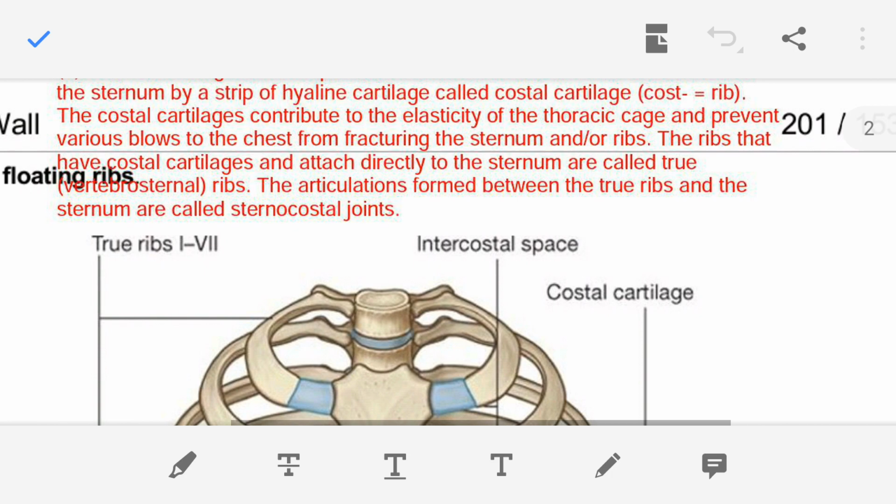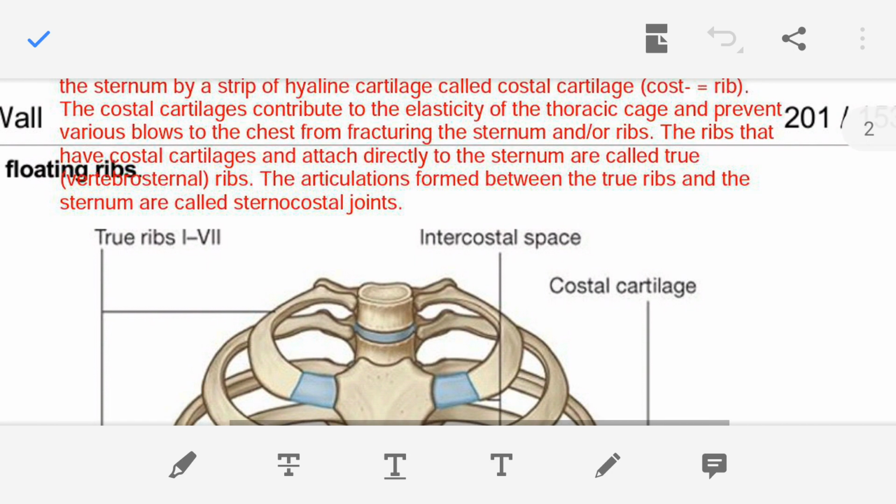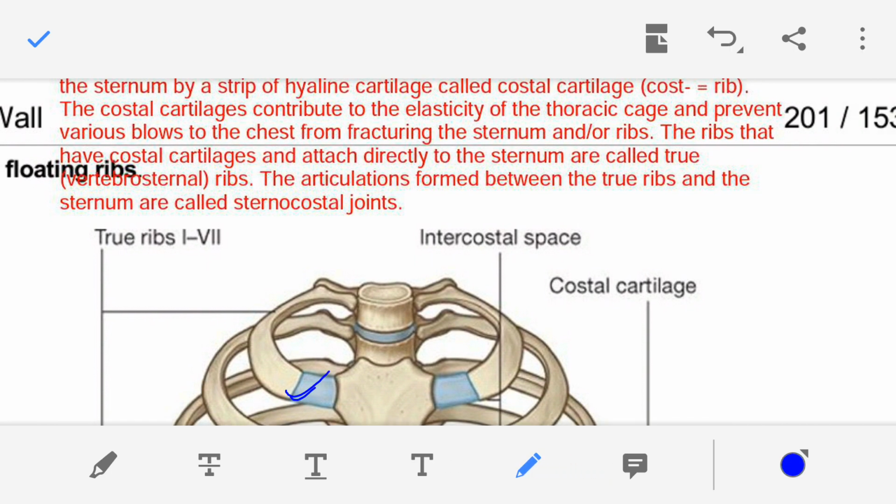Now, what is the function of this costal cartilage? The costal cartilage contributes to the elasticity of the thoracic cage. Let's say a person is walking on the footpath and due to some reason he falls.